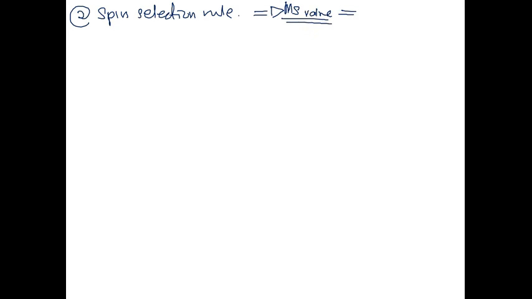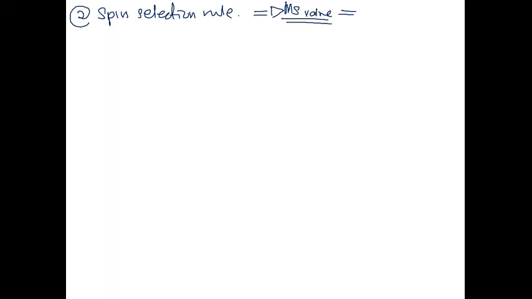Next, we look at the second selection rule, which is the spin selection rule. When we talk about spin, you must determine the S value or the MS. Can you remember? You have learned this in your inorganic class before, the MS value.